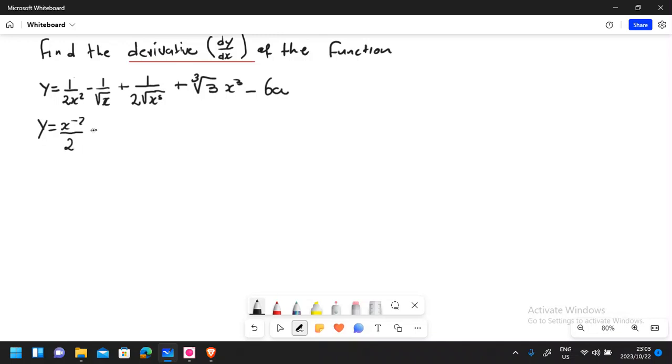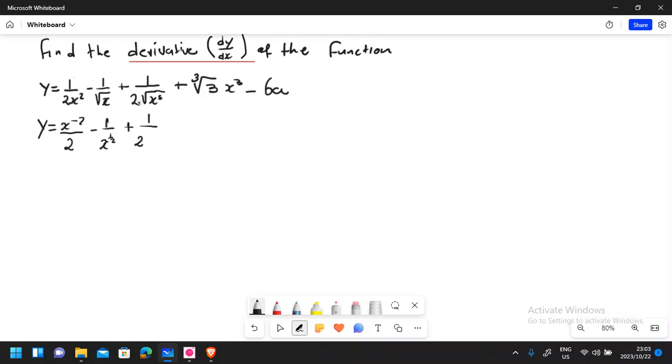And then we need to change this to exponent form. Remember, when you have a square root like that, it's the same as x to the power of half. We all know that square root, when you change it to exponent, is x to the power of half, plus. Now let's look at this one here. This one is 1 over 2.